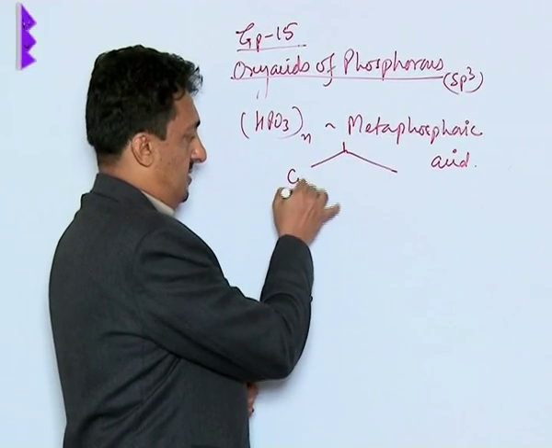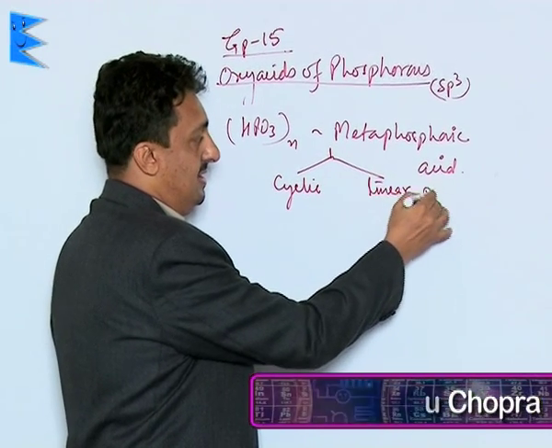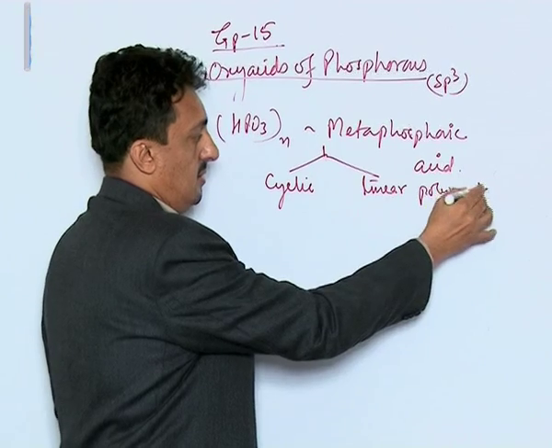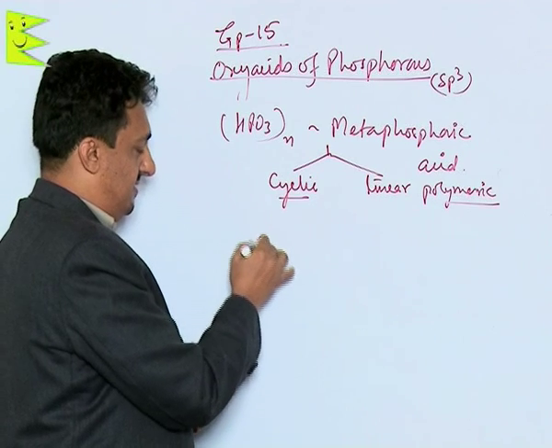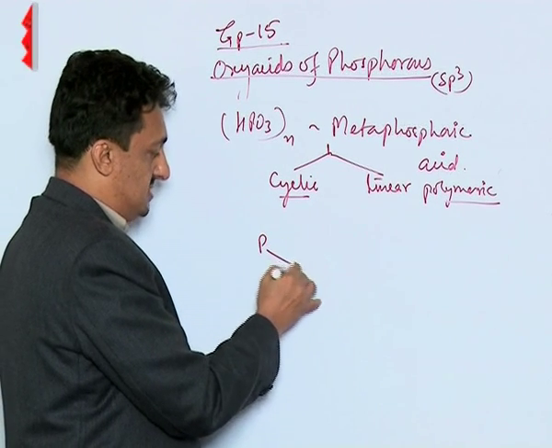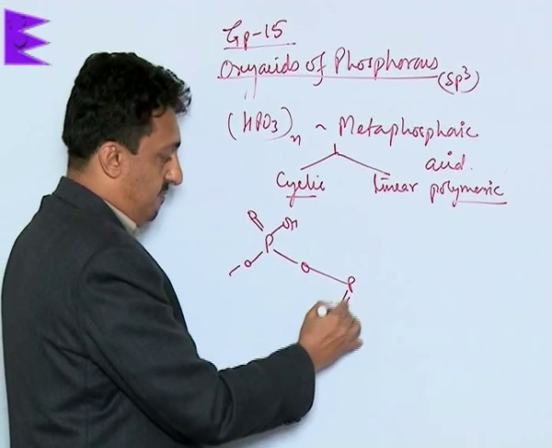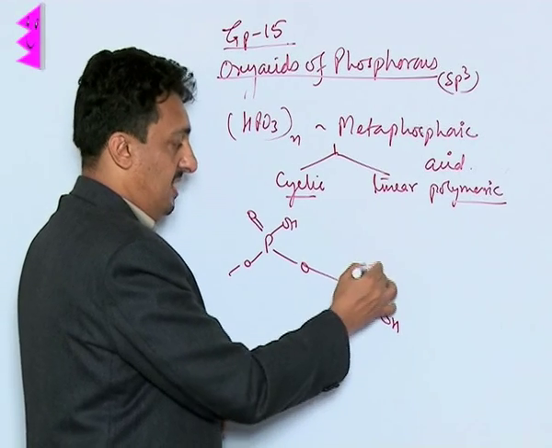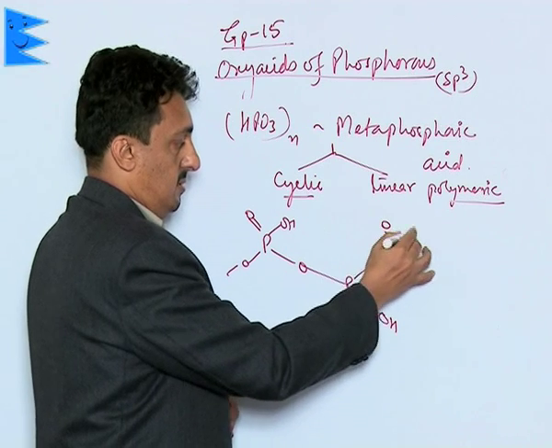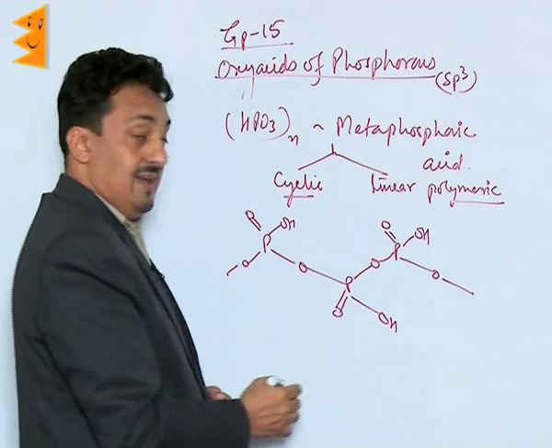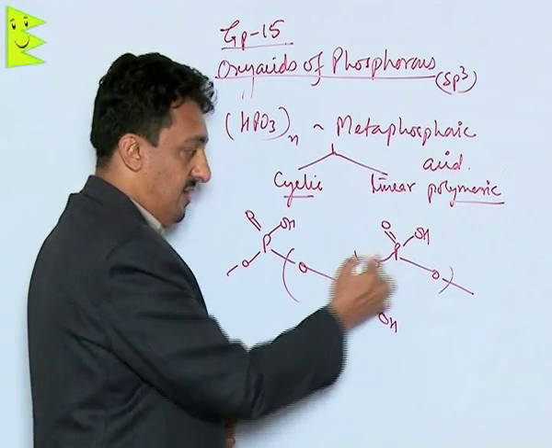It forms cyclic as well as linear polymeric structures. Let me give an idea. Like when this phosphorus oxyacid is present like this, in this form, this is its one unit HPO3, then from here to here one HPO3.